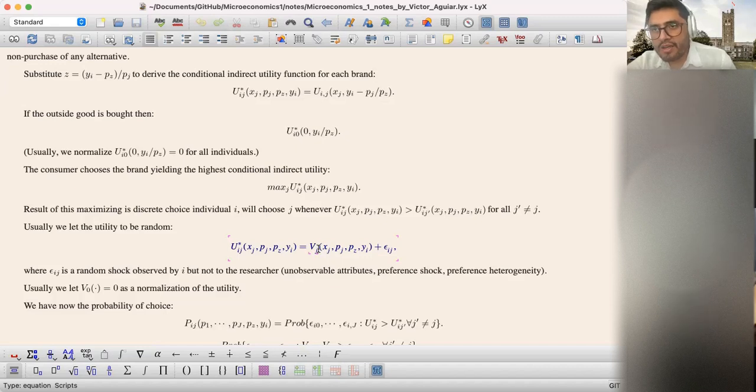It doesn't consume much gas. That's a plus, right? It has a color that you like. Maybe it has automatic transmission versus manual transmission. Some of us come from countries that use only manual transmission, so we learned to drive like that. So that's a plus, right? And so on. There are so many features, and all of those enter into X.